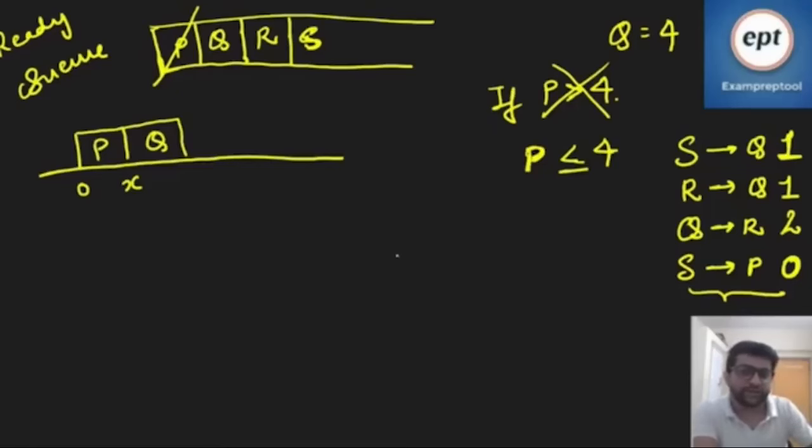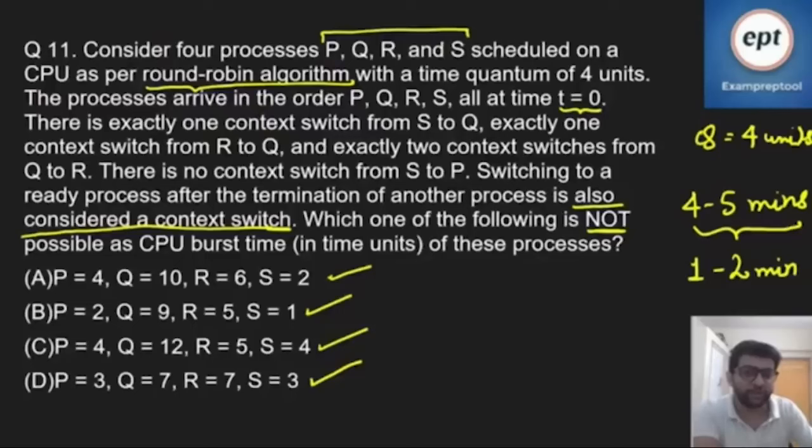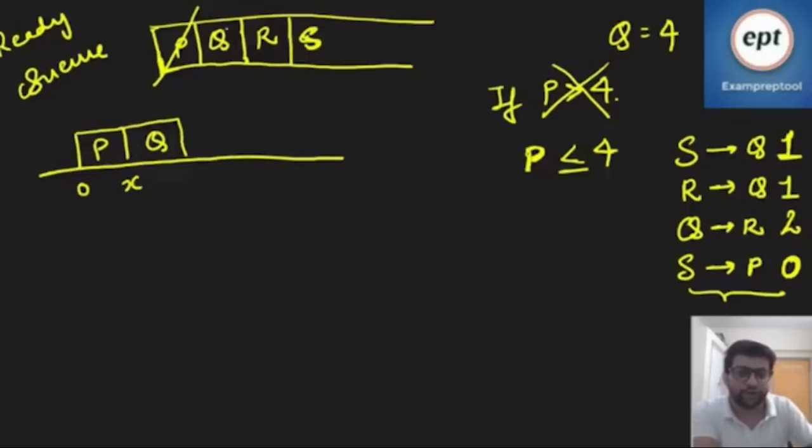So this process Q will again go to the scheduling queue, because it has been given that there is exactly one context switch from S to Q. So this process Q should go to the ready queue again, right, to have this context switch. So it means that the burst time of Q is greater than 4 for sure.